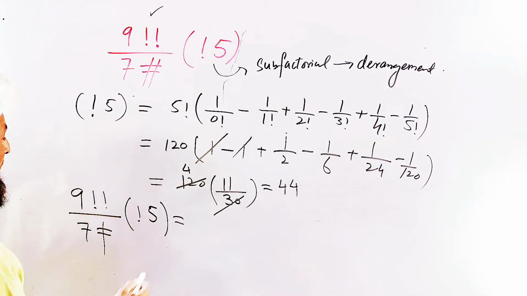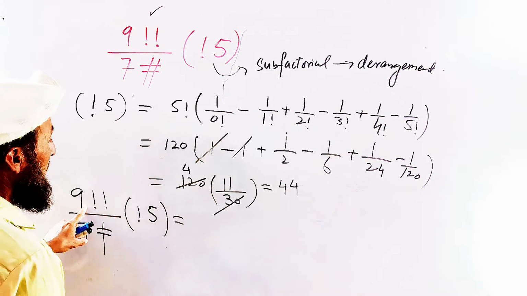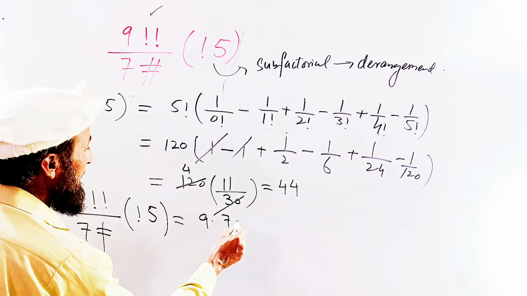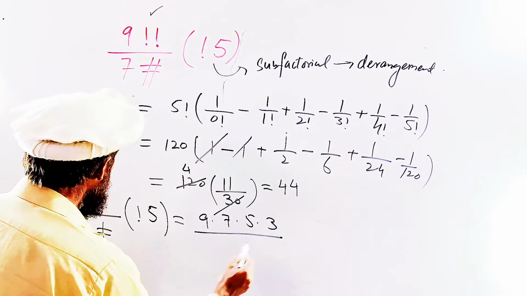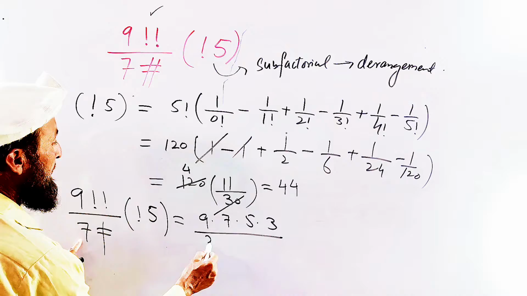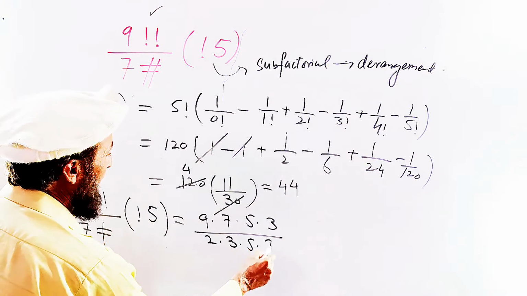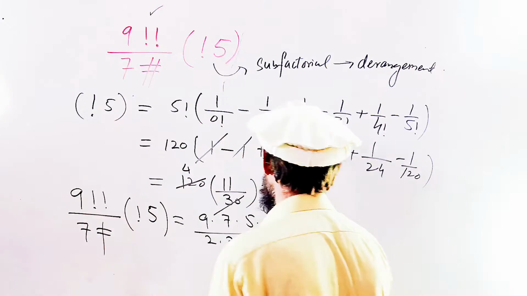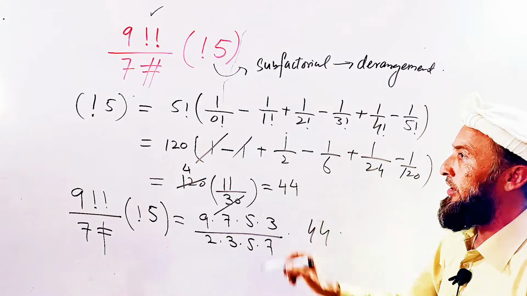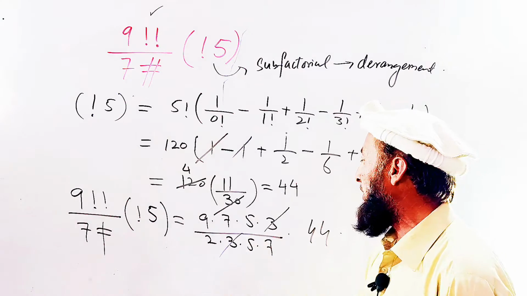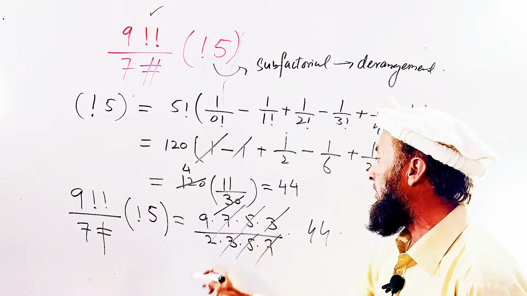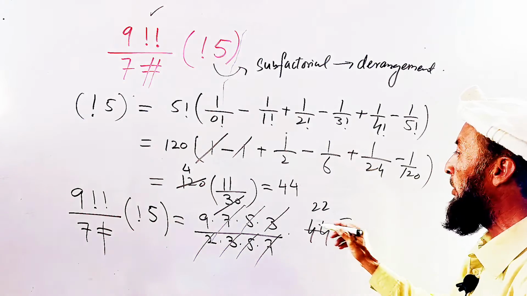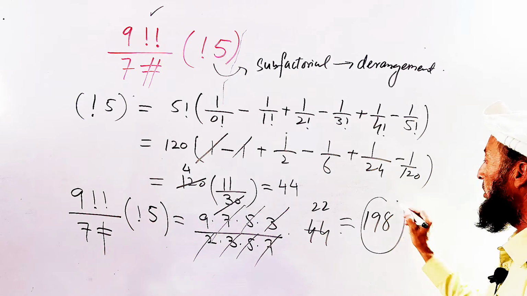We have 9, 7, 5, and 3 in the numerator, and the primorial gives 2, 3, 5, and 7, multiplied by 44. So 3 and 3 are cancelled, 5 and 5 are cancelled, 7 and 7 are cancelled, and 9 times 44 over 2 gives 198, which is the solution of this question.